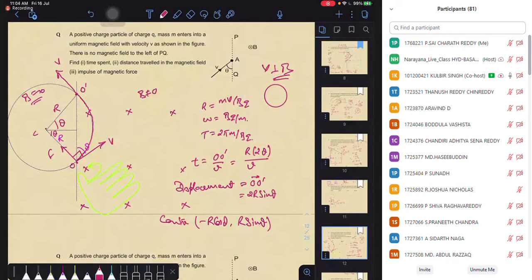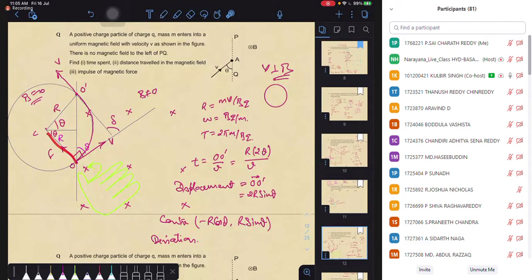They can also ask you deviations. Deviation is between the incoming direction and outgoing direction. That is called deviation, so this angle here is my deviation. Just by simple trigonometry, you can find the deviation. The velocity will turn by 2 theta.